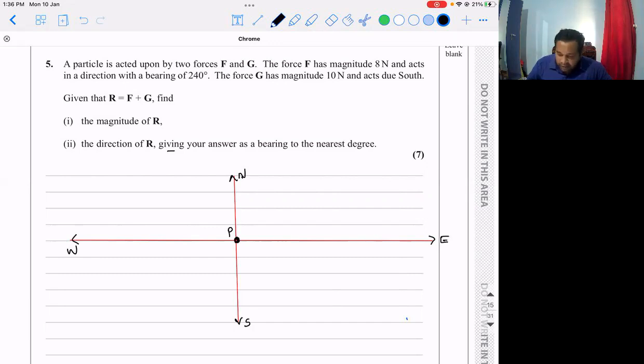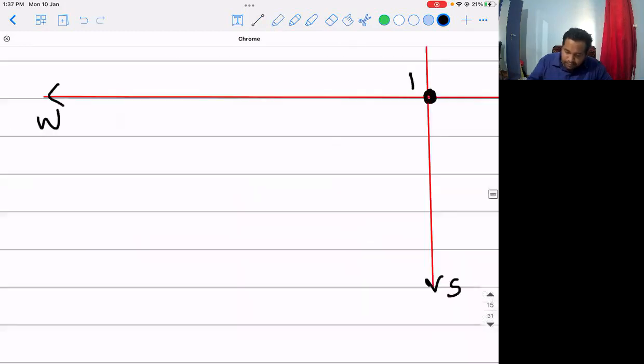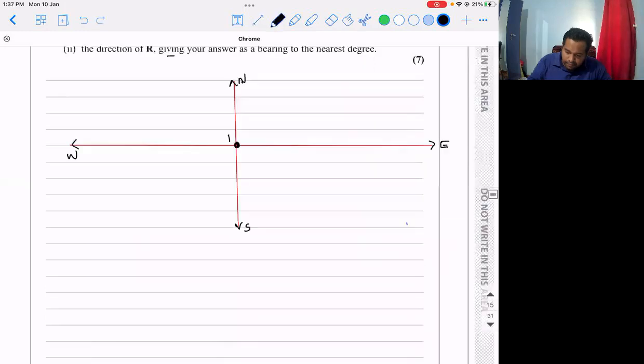So what is the speciality of F? The magnitude is 8 Newton and it acts at a bearing of 240 degrees. So somewhere here. So we are going to show the bearing. It's 8 Newton, right?